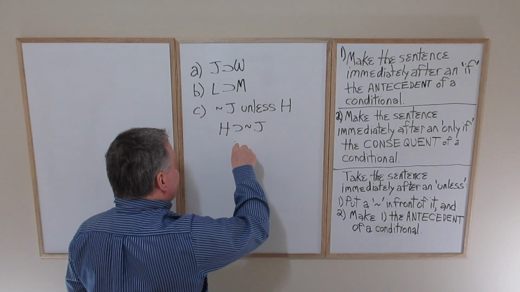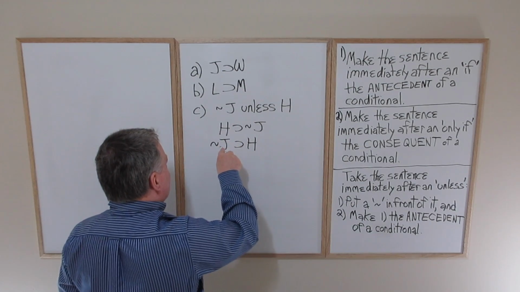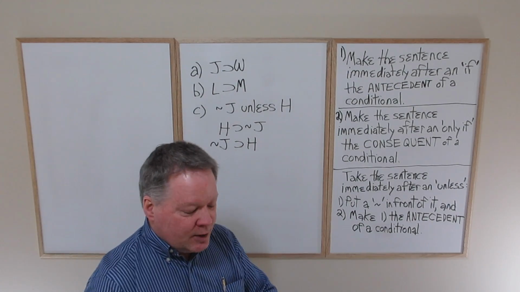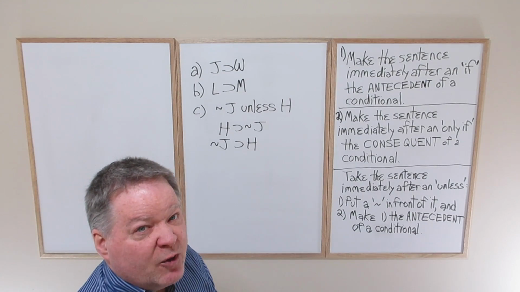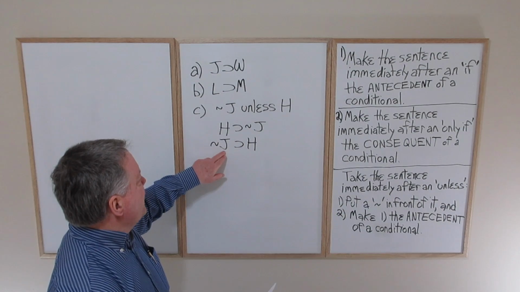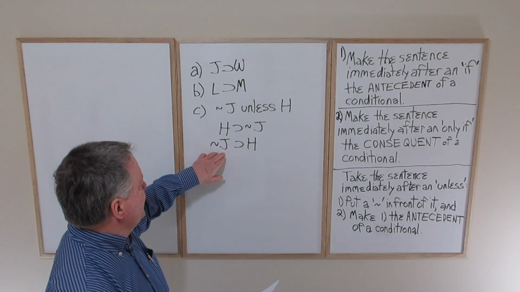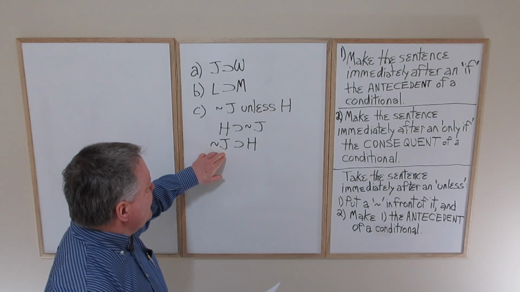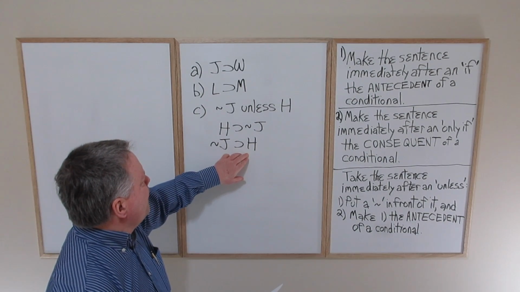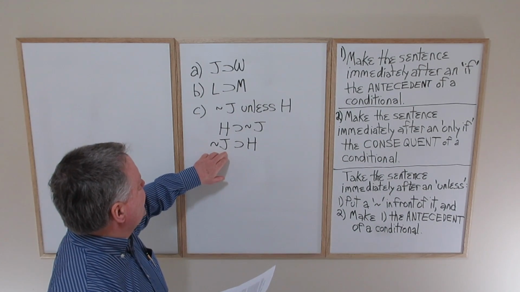Well, maybe then we should treat it like an only if. So, what comes immediately after the unless will make the consequent of a conditional, and the other part becomes the antecedent. This gives us, if John isn't hungry, J stands for John will make supper.